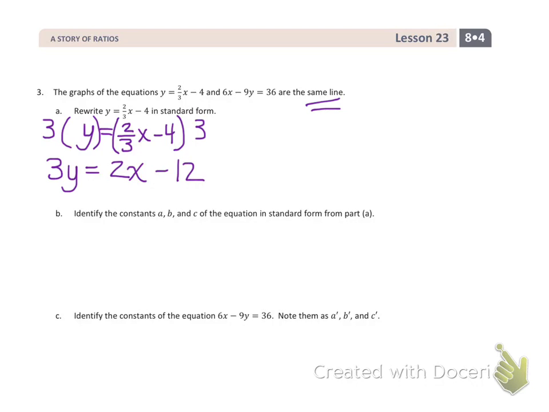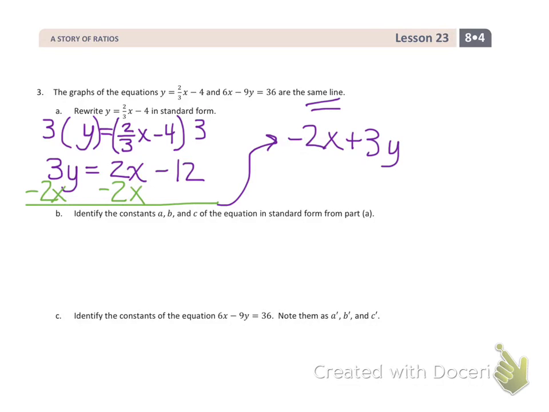So now I want to subtract 2x from both sides, and I'm going to continue that up here. And so I will get negative 2x plus 3y is equal to negative 12. And now remember, in standard form, we don't want that negative sign on the a coefficient.